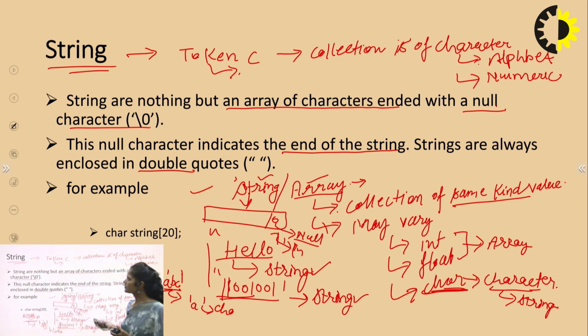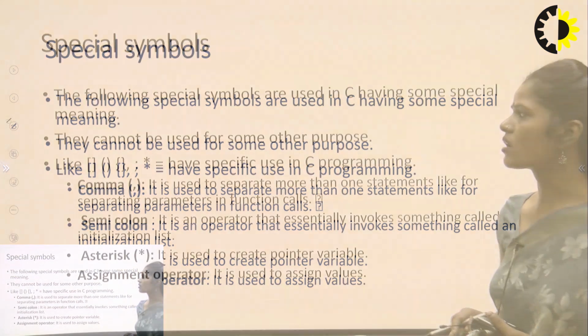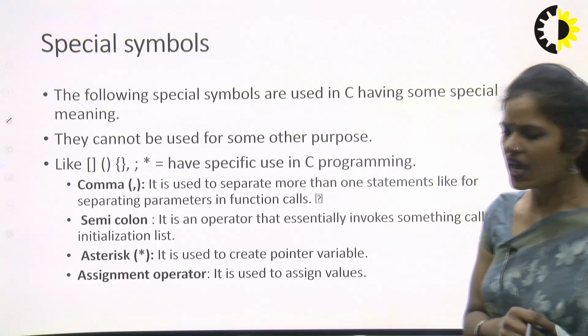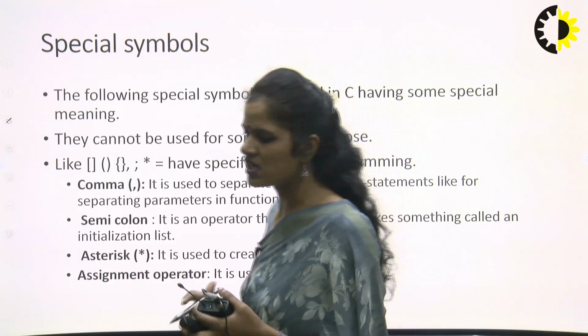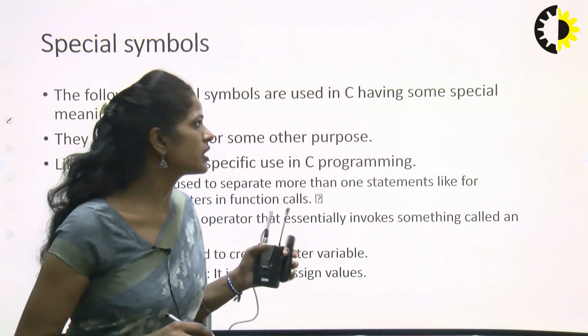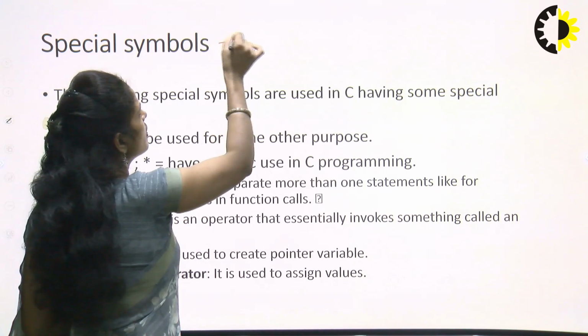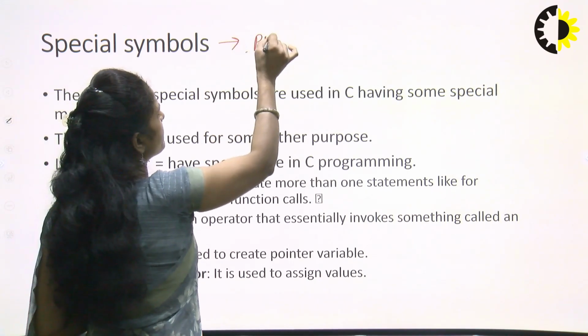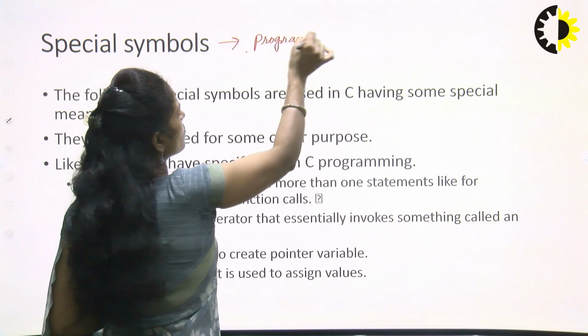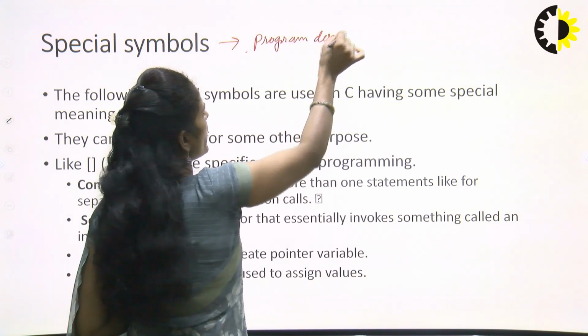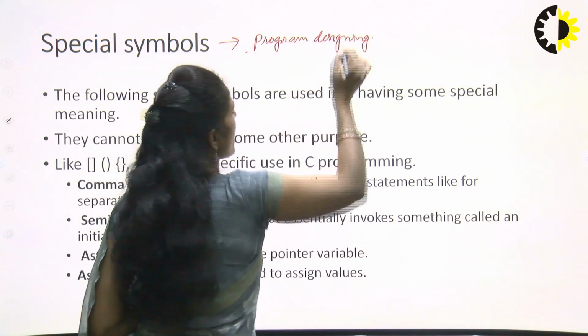So this is a very important component of the C tokens. Next we will talk about special symbols, which are used by programmers during program design.